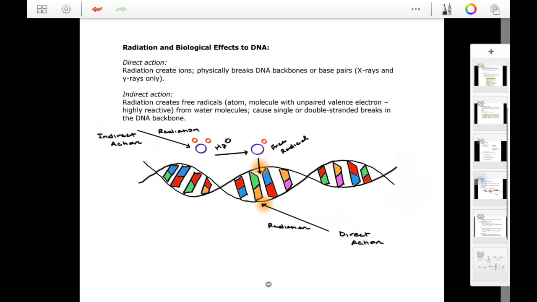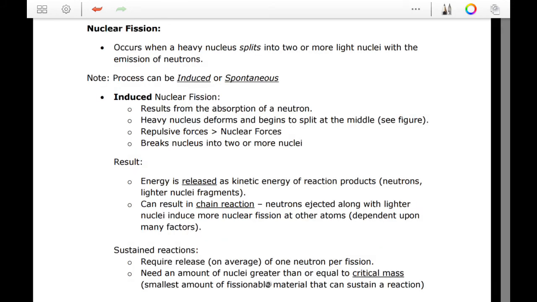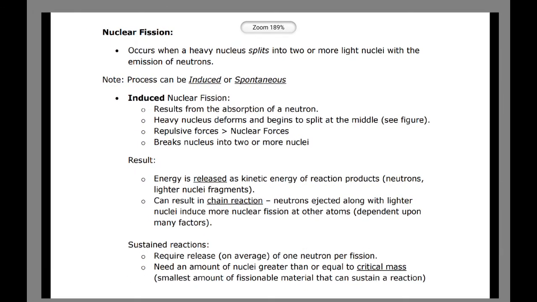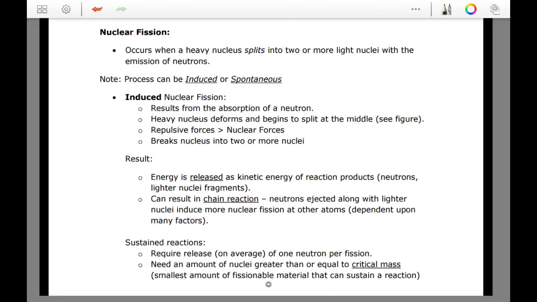And so next we're going to move into nuclear fission and fusion. Nuclear fission occurs when a heavy nucleus splits into 2 or more light nuclei with the emission of neutrons. And so this is going to make a lot more sense. This page has just words on it, but I have a diagram here that I can walk through with you also. But you should note that this process of nuclear fission can either be induced or spontaneous.